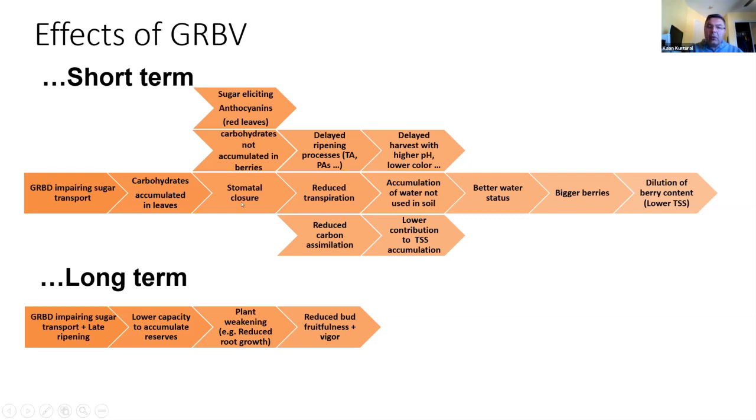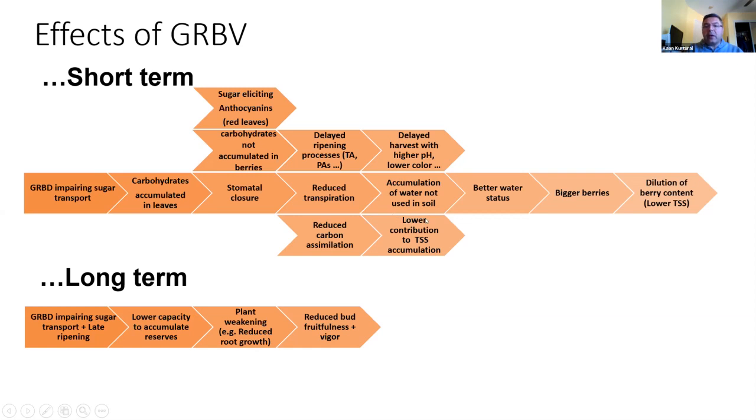The stomatal closures are resulting in reduced transpiration by the plant, and this results in a transient reduction in carbon assimilation. There's a delayed ripening process through the course of titratable acidity respiration, as well as proanthocyanidin or tannin degradation. We have an accumulation of water not used in the soil.